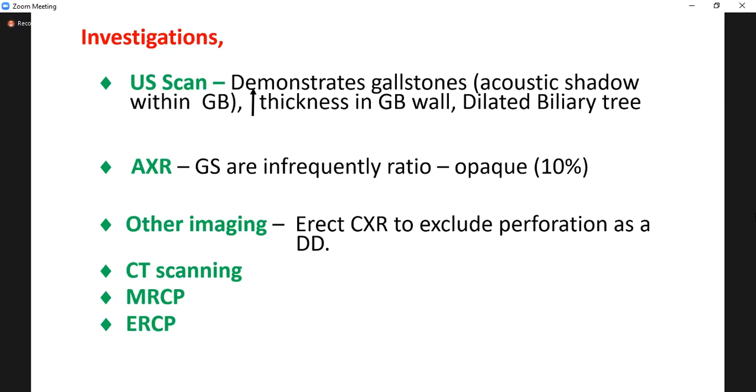So your other differential diagnoses will be perforated duodenal ulcer, perforated bowel. So if you suspect any other differential diagnosis, you must take an erect chest X-ray to rule out any perforation, gas under the diaphragm. Sometimes other investigations like CT, magnetic resonance cholangiopancreatogram, ERCP will be helpful.